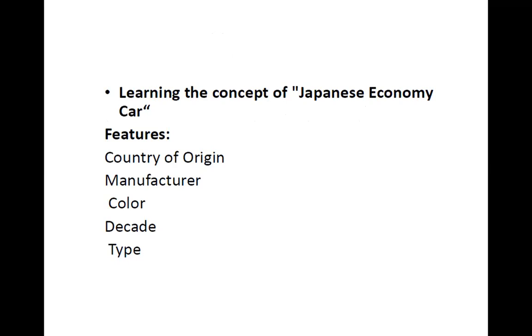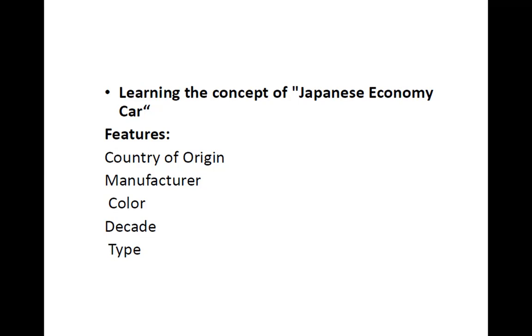This is the example of a Japanese economy car: on what basis people bought Japanese cars in certain years. The attributes include country of origin. In Japan, one thing is very particular: they care about the company which manufactured the car. If it is an American origin company, then Japanese people won't prefer that brand.